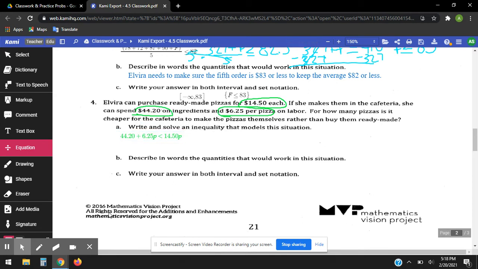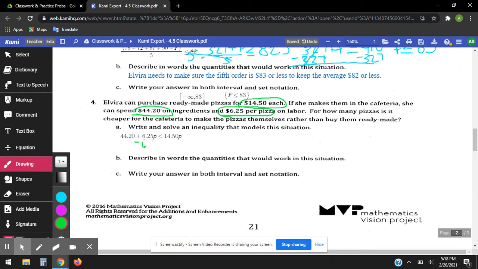So now let's go ahead and solve this. I'm going to change the color since all the others have been black. All right. So first I need to get all the p's on the same side. So I'm going to subtract 6.25 p from each side. And that will give me 44.20 is less than 8.25 p.